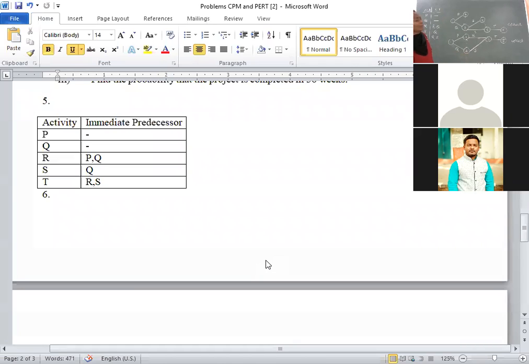Students, any doubts? Both ways you can draw. Both ways are correct. But try to learn this concept. Why are we learning this? We are trying to reduce the number of dummy activities. Any query, students? Logically, both diagrams are correct. Nothing is wrong in this diagram.